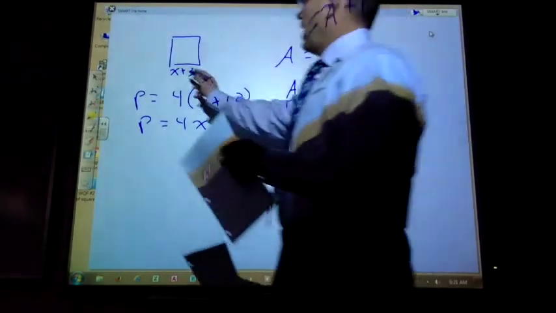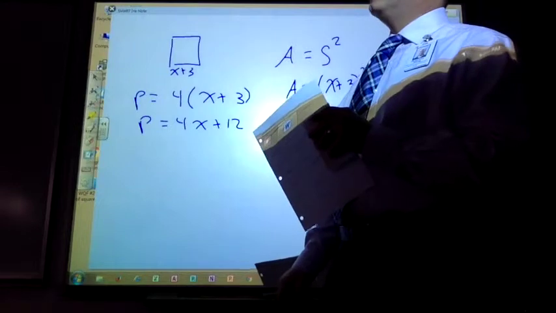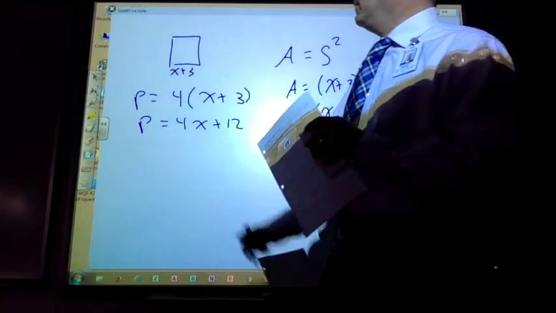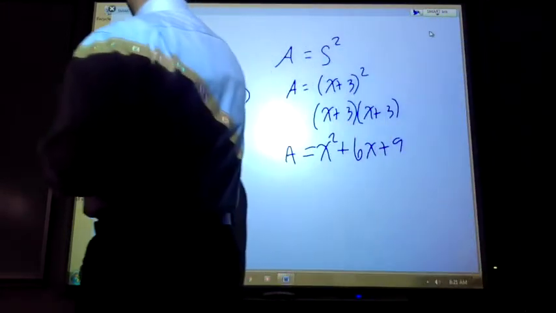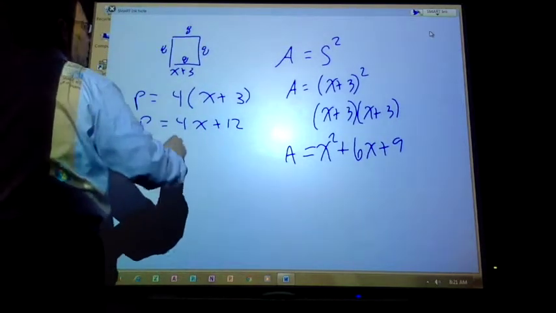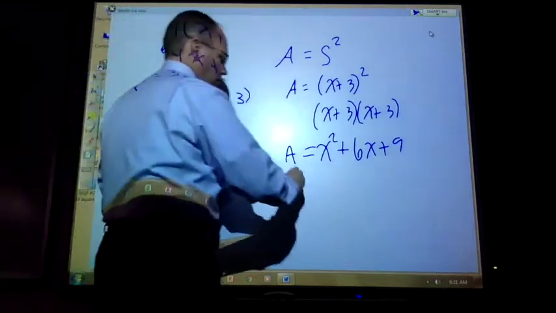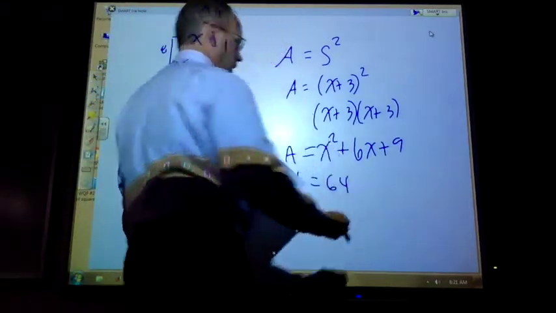If x is 5, how big is each side going to be? 8. So I have 8 by 8 by 8 by 8. So the perimeter of that is going to be 32. And then the area is going to be 64 because 8 times 8.